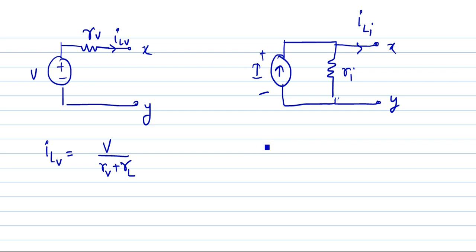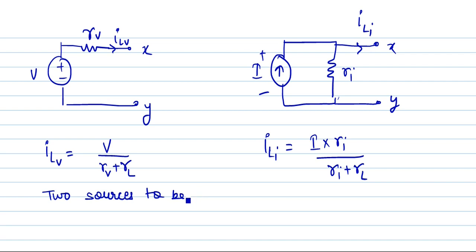In the similar manner, let's calculate ILI. So here we will apply the current divider rule. So that will be equal to I into Ri upon Ri plus RL. So these two values we have obtained. Now for the two sources to become identical, we have to make these two current values equal.